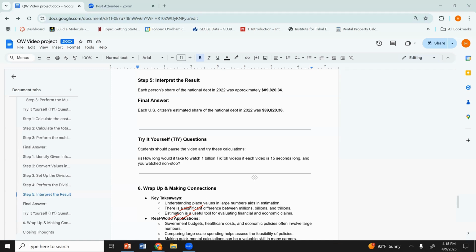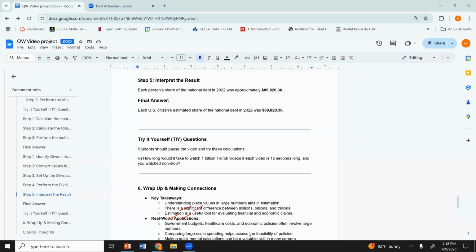If I add a 0 to 100,000, that's 1 million, right? And the difference between 100,000 and 1 million is 900,000. So just adding one zero significantly changes the value of that number. So we have to be aware of the decimal places or place value.